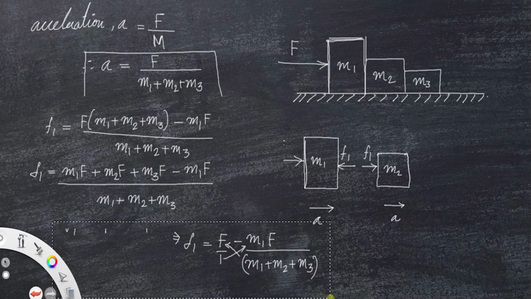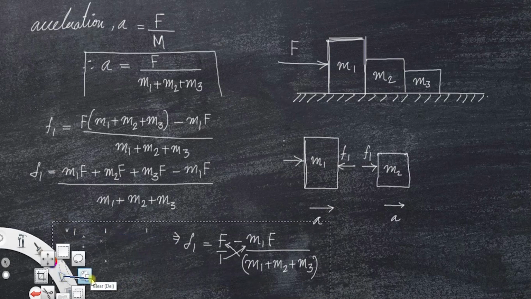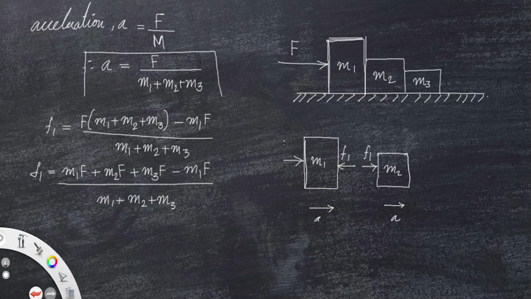Definitely you can cancel this M1 F. So the force F1 is equal to, you can take this F as common, so the equation will be M2 plus M3 times F, whole divided by M1 plus M2 plus M3. Clear?